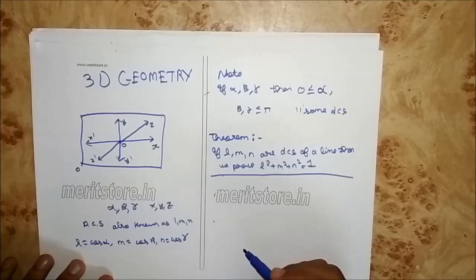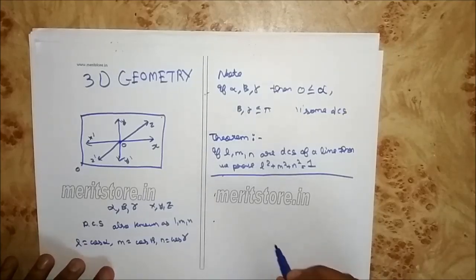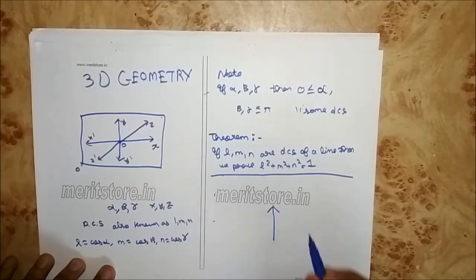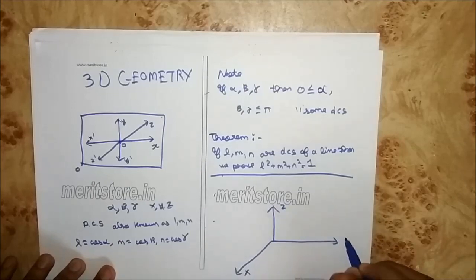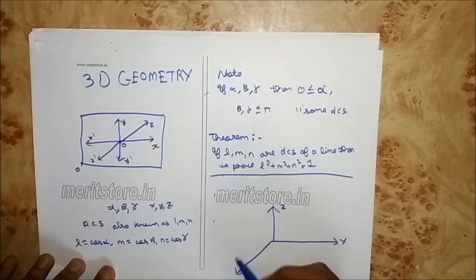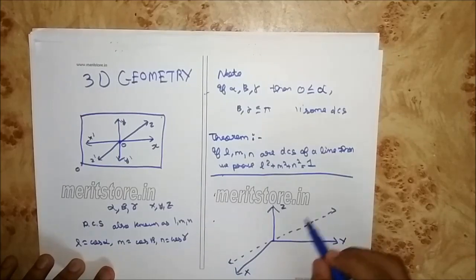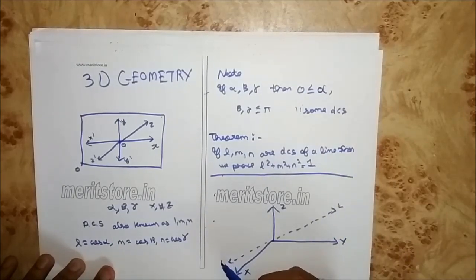So for this, let's draw a diagram. I'll name this as X, this as Z, and this as Y. Let's take an imaginary line and name it L dash.